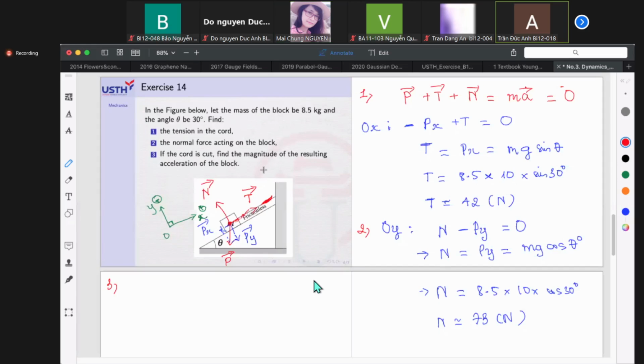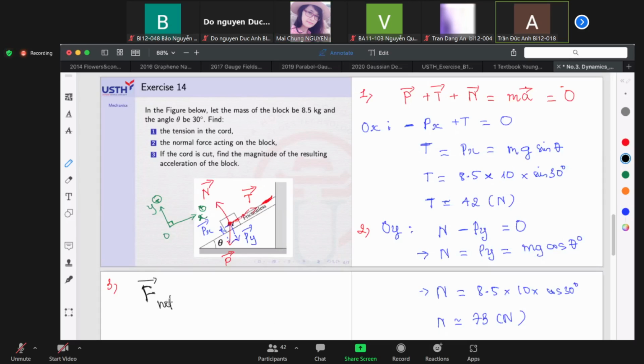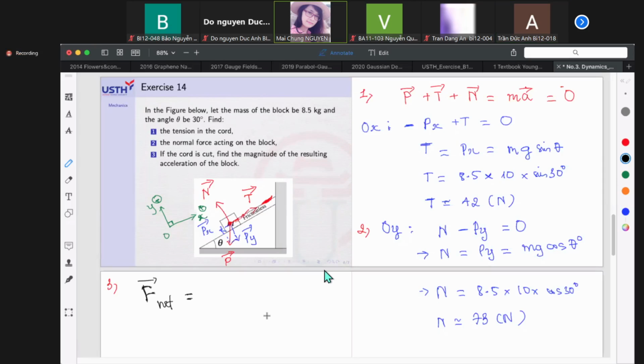It's the same direction as px. We need to show again for F next, when we cut the cross. So how many forces act on the object? Two.